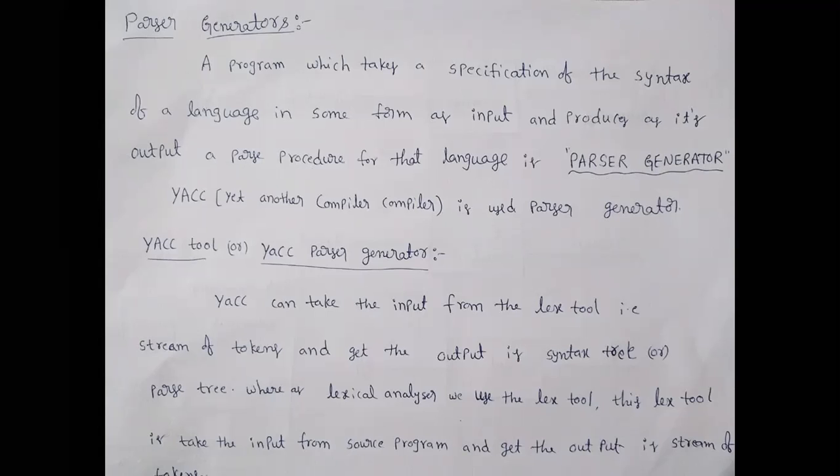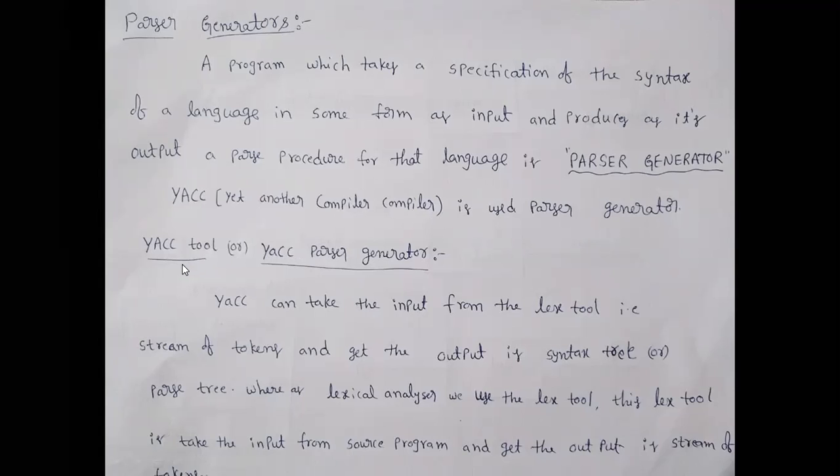We are using one tool, that is the YACC tool or YACC parser generator. What does YACC mean? Yet Another Compiler Compiler. It is a program or a tool used as a parser generator.